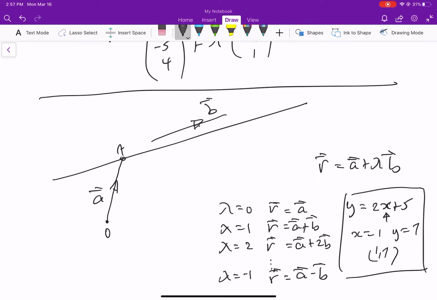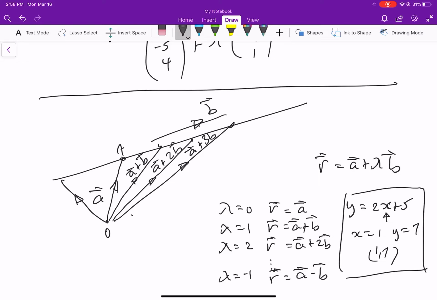Every time you use a different value of lambda, you get the position vector for a different point along the line. This one is A, this one is A plus B, this one is A plus 2B, A plus 3B, and so on and so on. The one with A minus B might be back here somewhere, when lambda is minus 1.